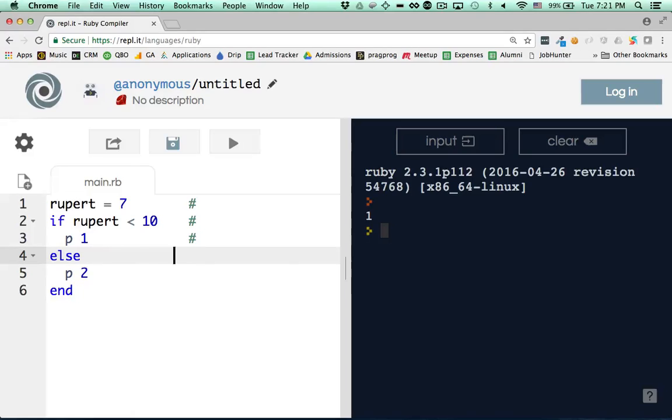It processes line 4 to check the else, but since the else does not apply, it skips line 5 and then concludes with the end. Totally skips it. If we had a division error in here, it wouldn't get triggered because Ruby just skips over that line entirely. And similarly, if I flip this so that if Rupert is greater than 10, then we'd skip line 3 and instead run line 5.